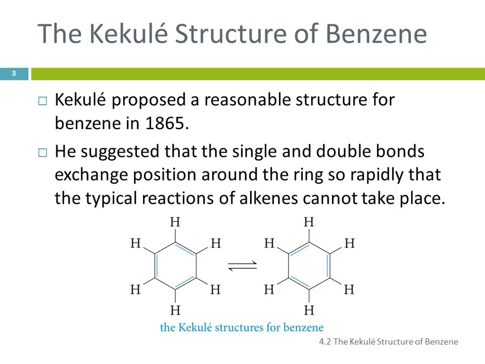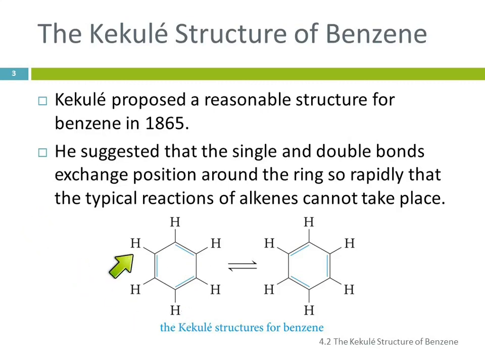So Kekulé proposed a reasonable structure for benzene in 1865. So it seems like a long, long time ago, and yet in the history of chemistry, that's not all that early. His suggestion was that the single and double bonds exchange positions around the ring so rapidly that you don't get those typical reactions of alkenes.